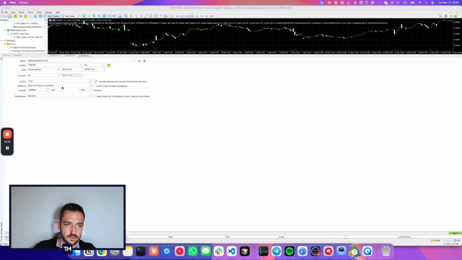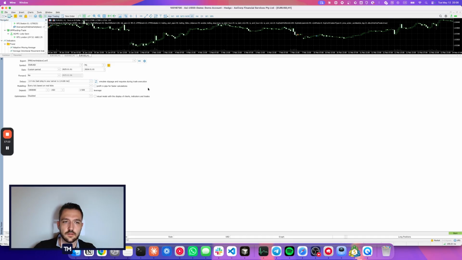Now the delays. Delays is something which basically says how much delay is between your execution from your trading bot and actually executing that same thing on your broker. Right here you can see the last ping to your server is 114.80 milliseconds. So this is the realistic one. It is calculating that, saving that for you to actually use it also in your strategy tester.